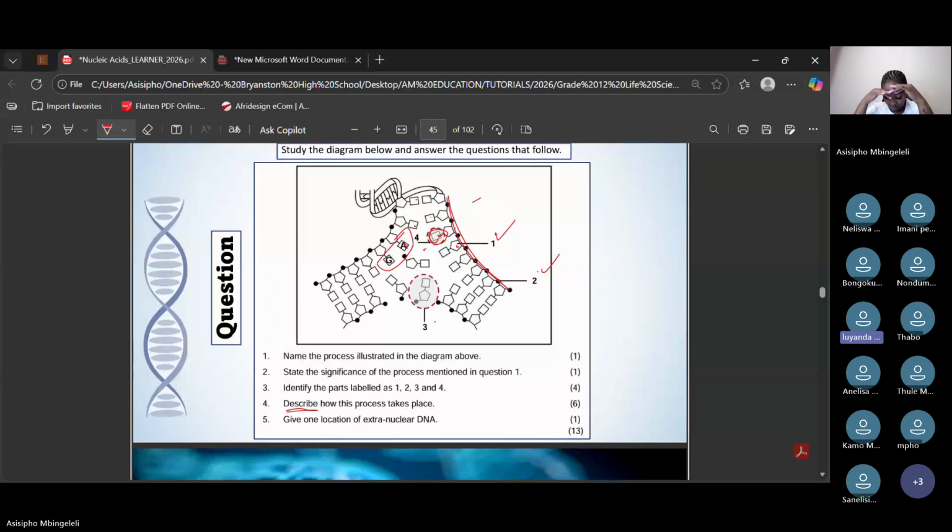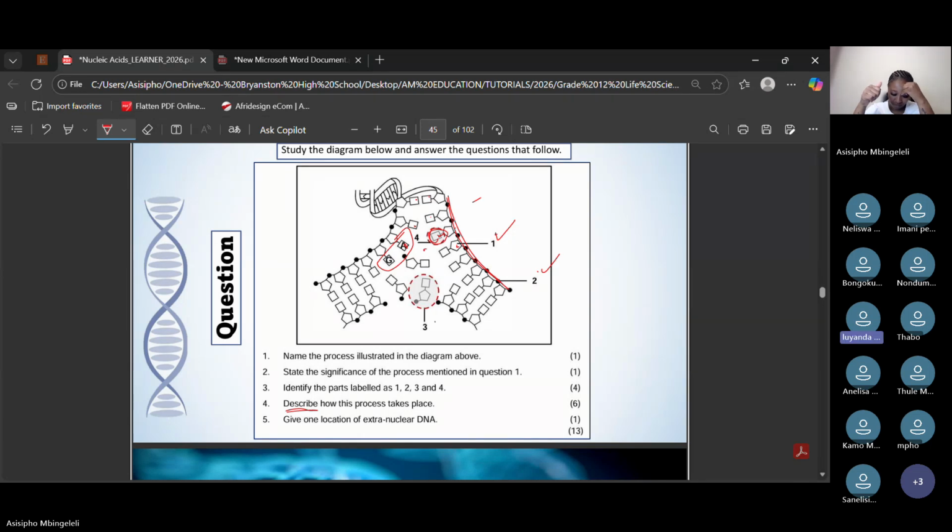And then number 4, those free floating DNA nucleotides in the nucleoplasm attach with complementary nitrogen bases, which means adenine is always with thymine and guanine is always with cytosine. And then number 5, the original strands act as a template to form the new complementary strand. And then number 6, each new molecule now consists of 1 new strand and 1 original strand. And then each new molecule now twists back, which means they wind again back up to form a double helix.